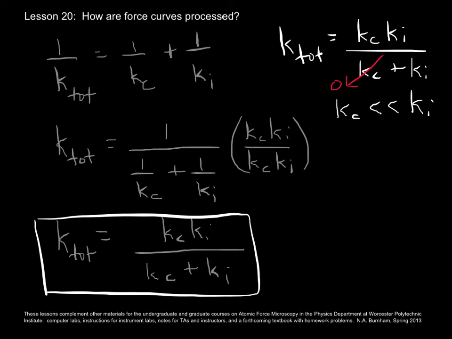And then if you look at the numerator and the denominator, you can cancel the Ki's out such that K total, in the limit of a weak cantilever, just goes to the cantilever stiffness.